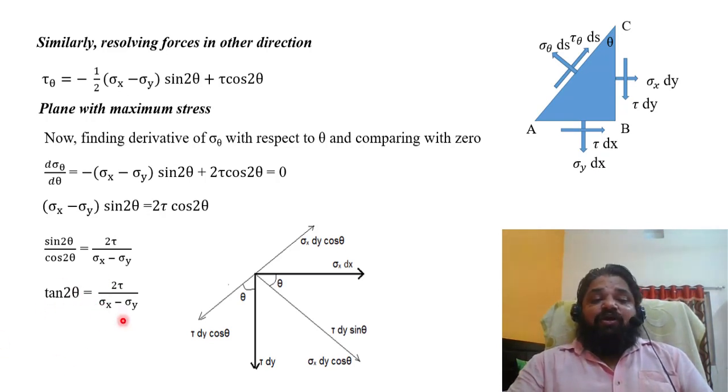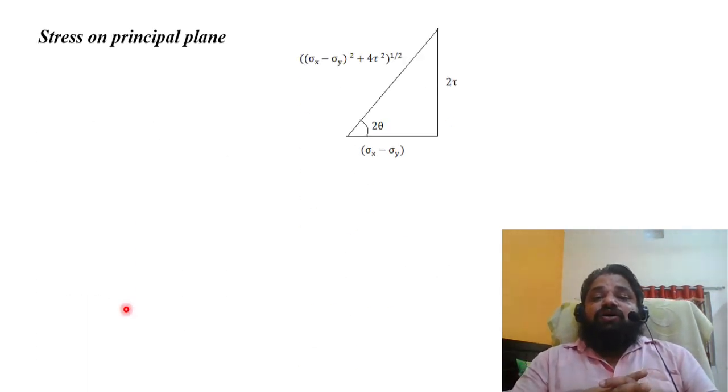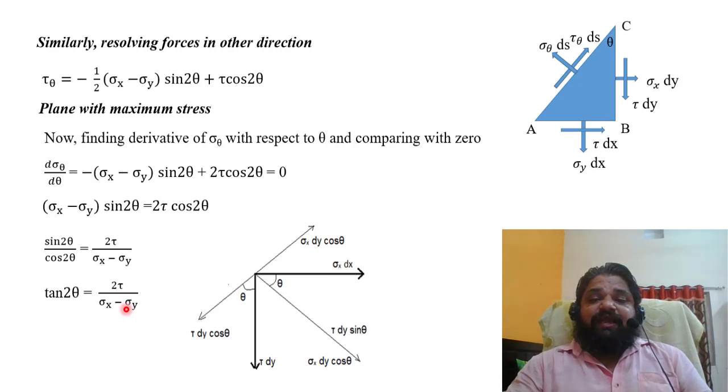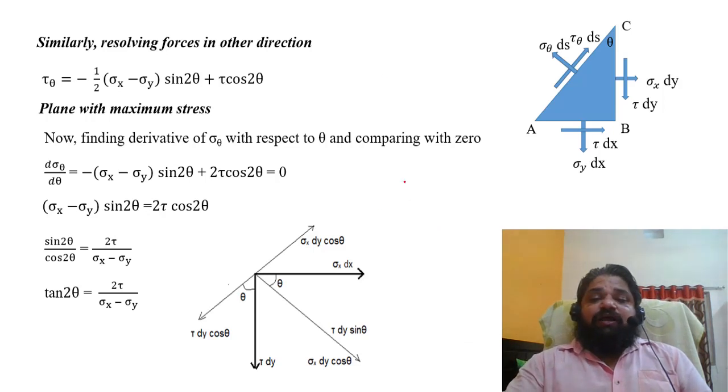A triangle will have, because tan 2 theta is equal to p by b, the perpendicular side will be 2 tau, and I can show you the angle in the next plane. Similarly, whatever we have discussed, if I draw the same thing, I get this 2 tau.